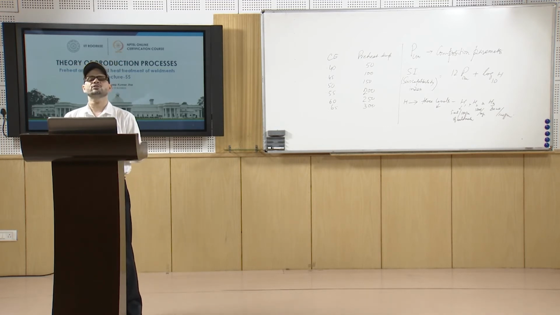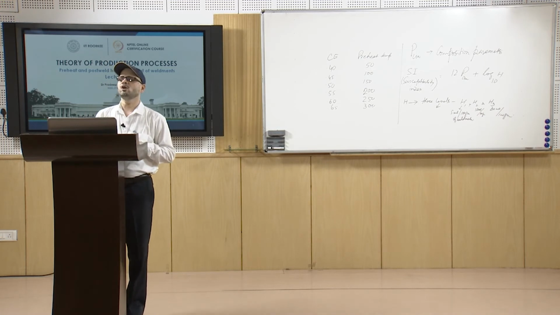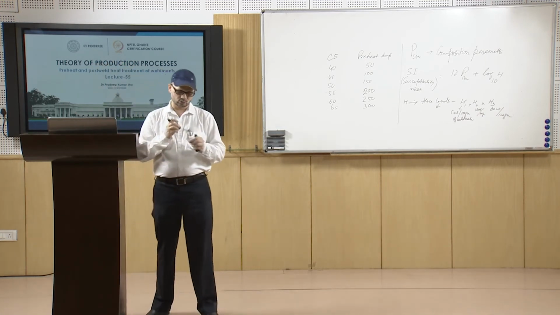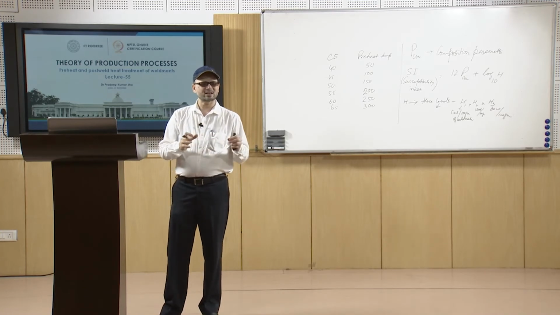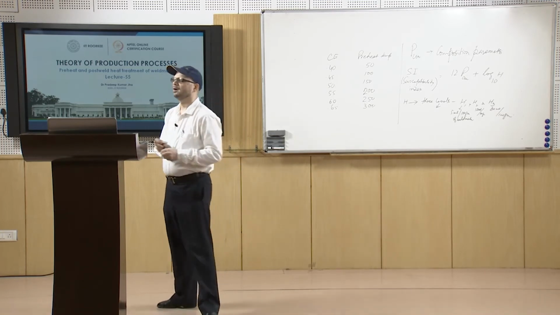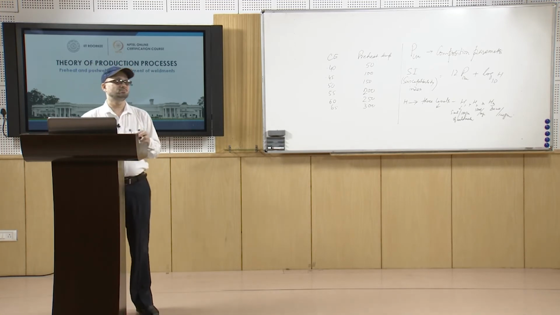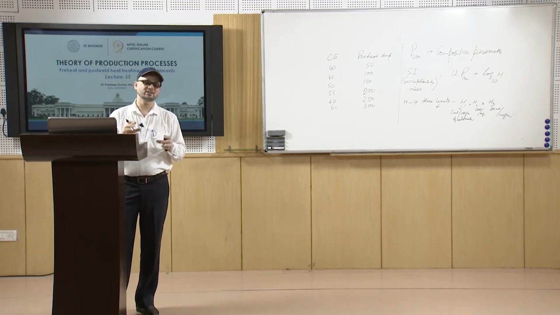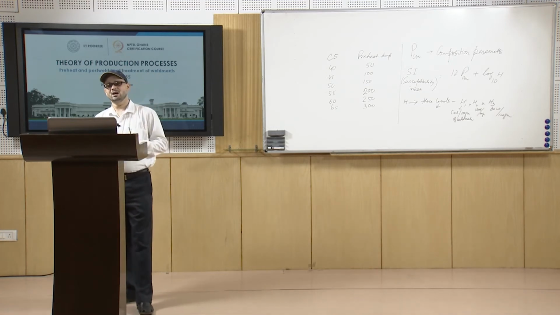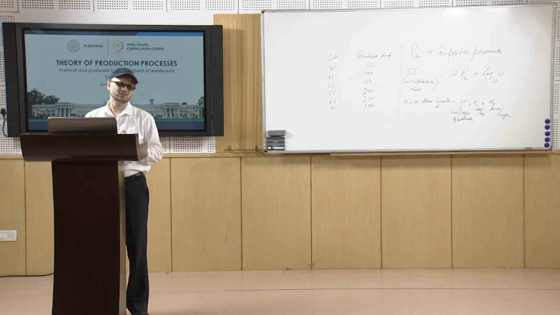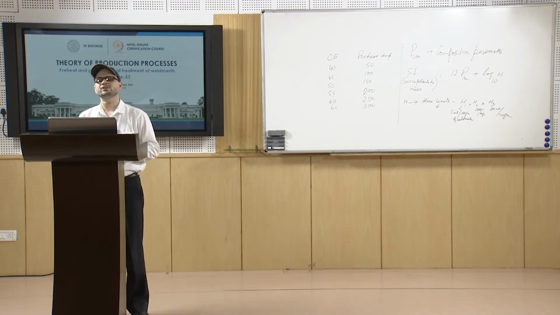When we talk about MIG or TIG welding, we have a concentrated heat source, so we do not basically require preheat. Without preheat you can do it with TIG or MIG, but in other normal arc welding processes you require preheating.